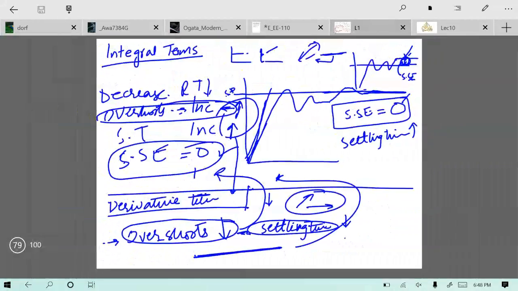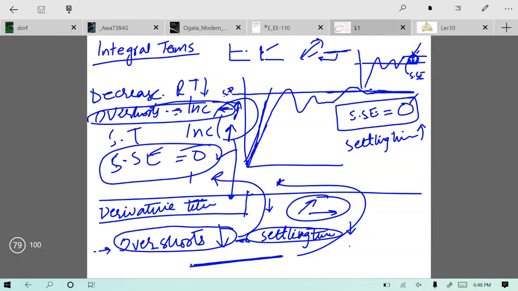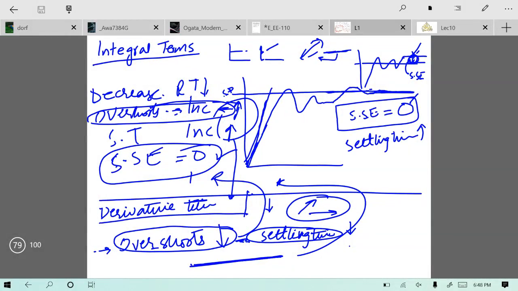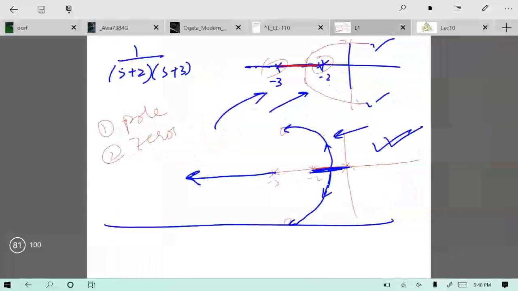In this portion we discussed how PID controller helps us to improve the system response, and at this point we discussed how a PID controller improves the stability of the system. So I think that's enough for today.